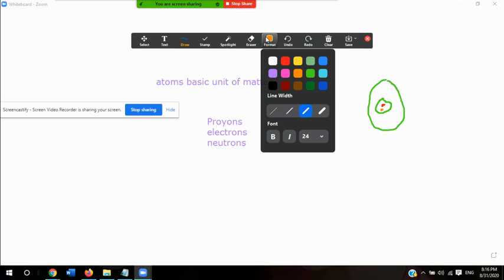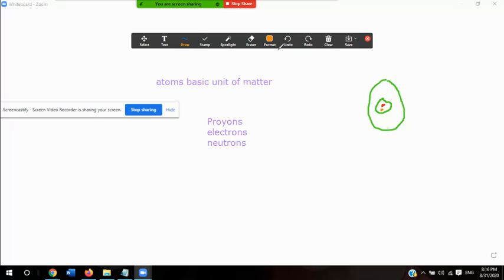Outside of the nucleus we have an electron that's kind of orbiting the atom, so to speak, although we know that the electron that surrounds the atom is in reality a cloud, which we'll talk about later on. So that's a very rustic diagram of an atom.